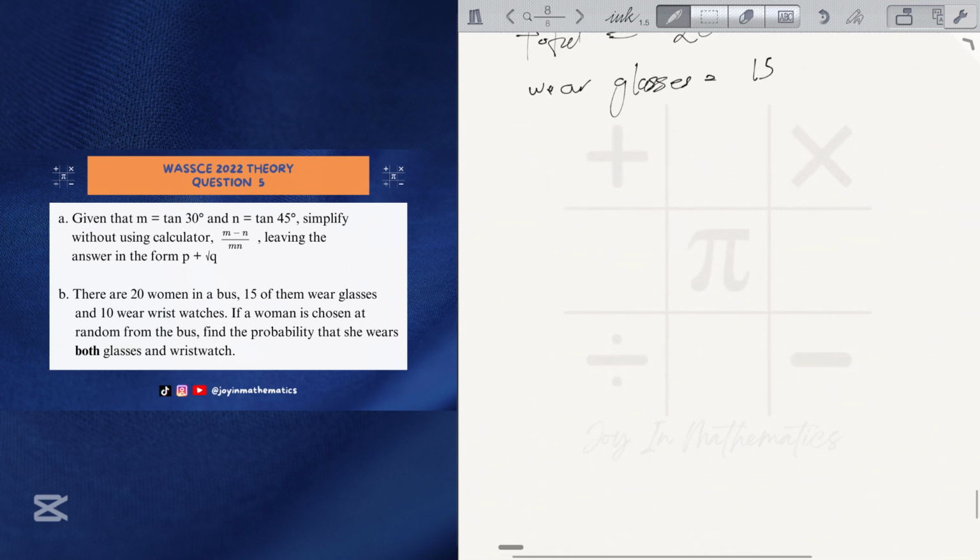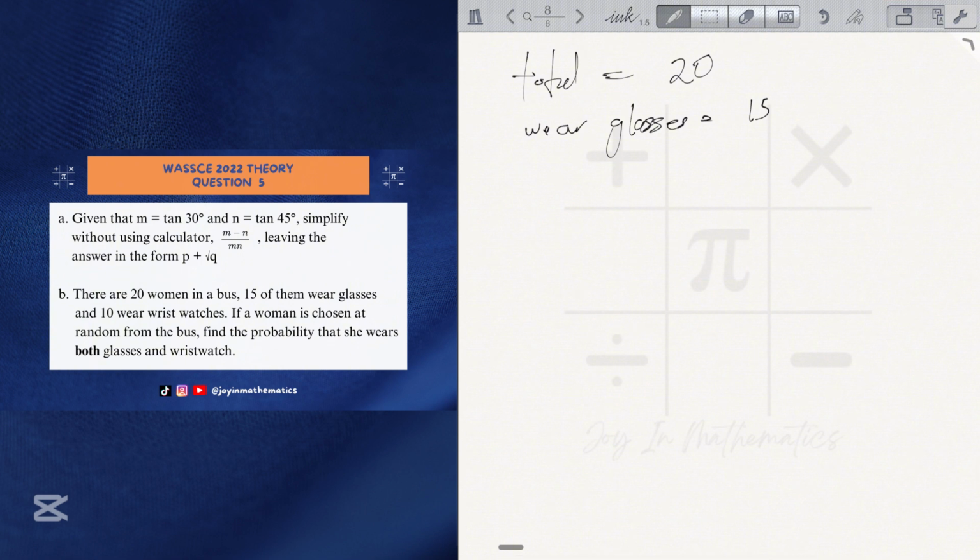The question also says that 10 wear wristwatches, so let's say wristwatches is equal to 10. Now, if a woman is chosen at random, find the probability that she wears glasses and wristwatch.